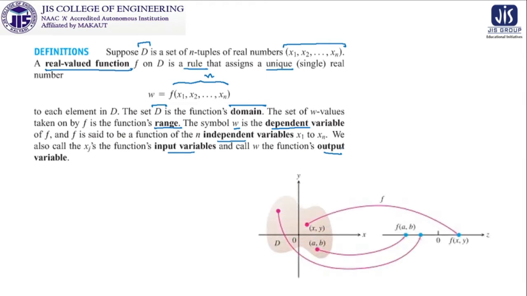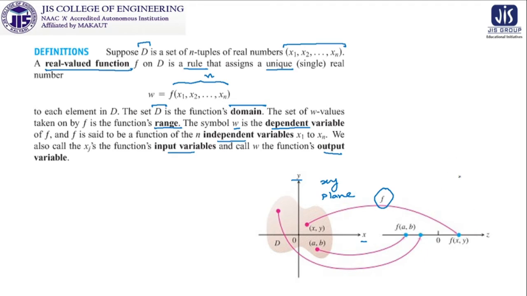Now look at this pictorial representation. You have the x-axis and y-axis, and this is your xy plane. On this xy plane you are getting various points. You can take (a, b), you can take (x, y) in general, or you can take any point from this plane. The function f, that means the rule we are talking about, is pulling these points from the xy plane into the real number line, which is the z axis.